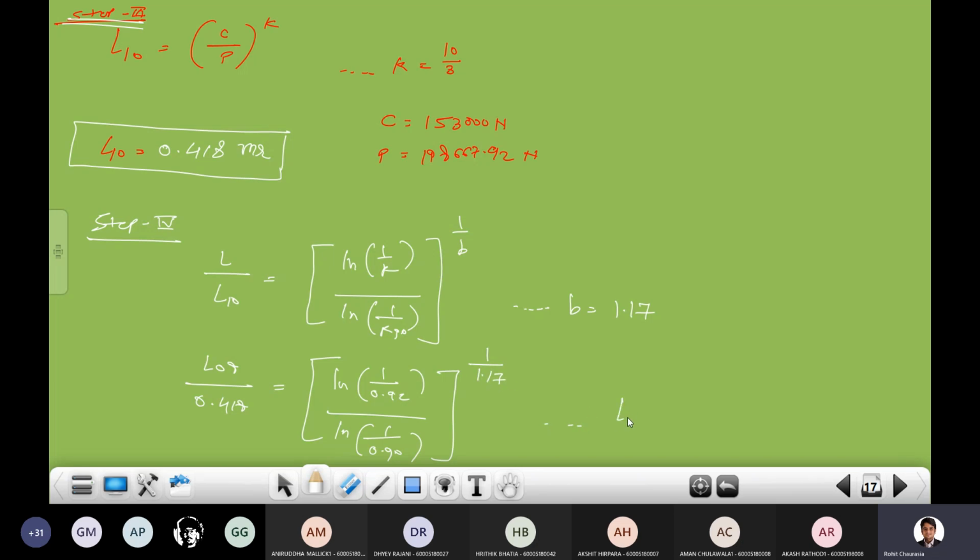Now just calculate the L08. कितना आ रहा है? 0.342 million rotation. No, this is the answer.